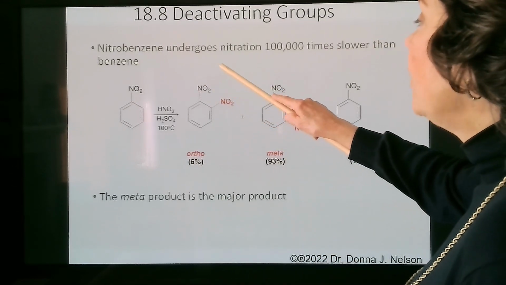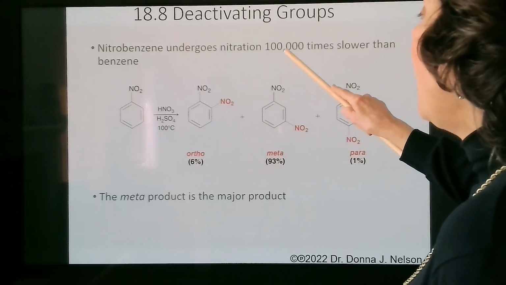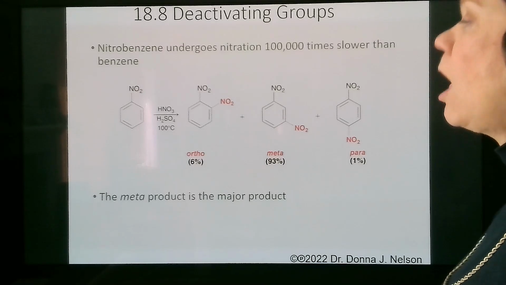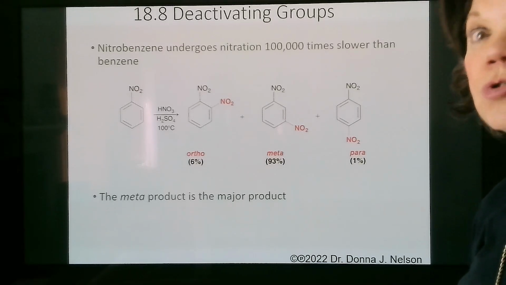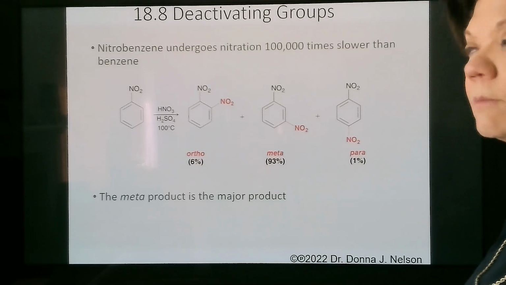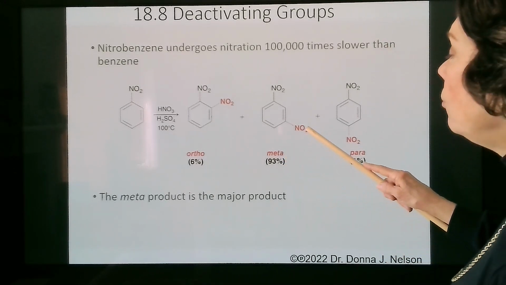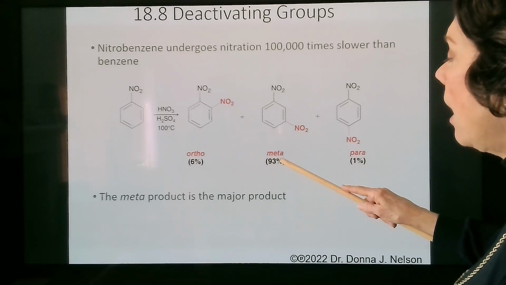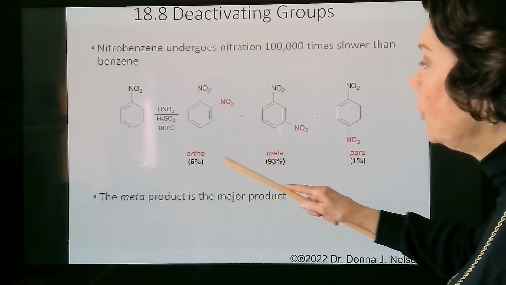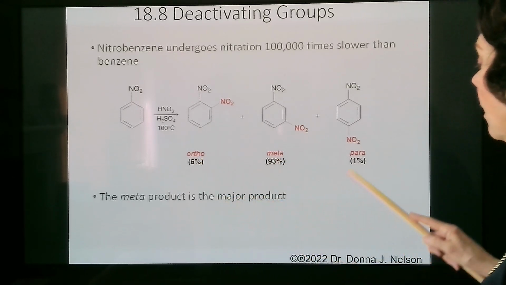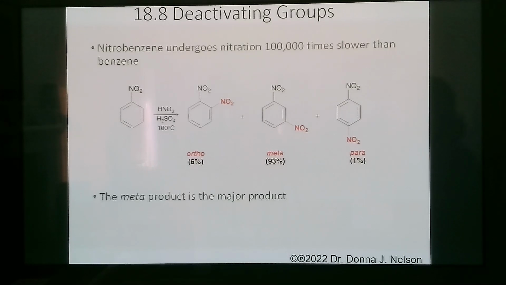So nitrobenzene undergoes nitration 100,000 times slower than benzene. It's a strong deactivator. Okay? And the new nitro group comes in predominantly meta, 93%, only 6% ortho, and only 1% para. So you see the pattern.